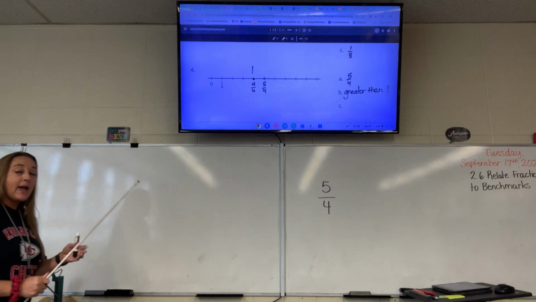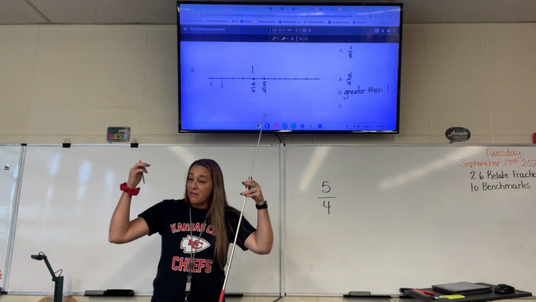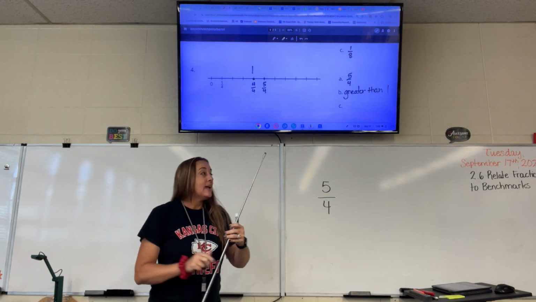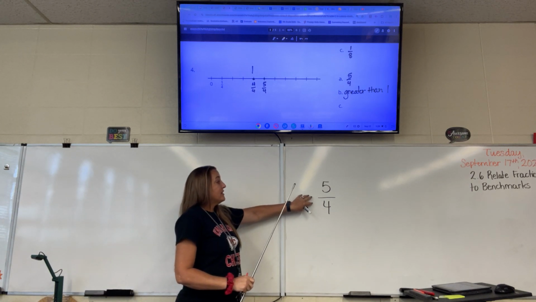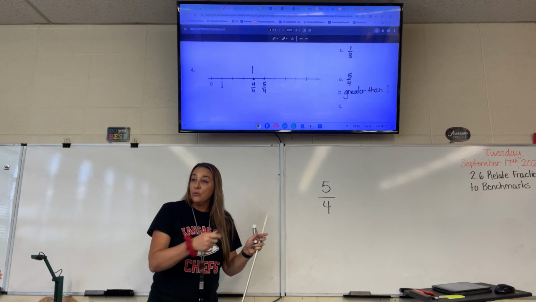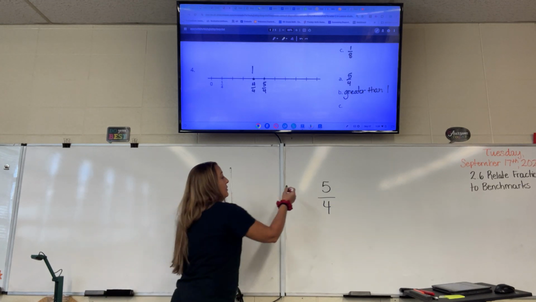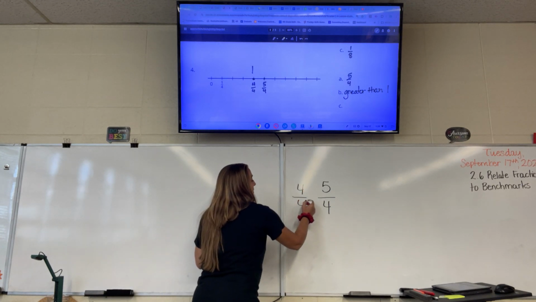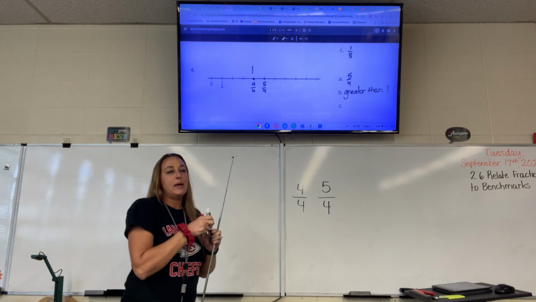Yeah, because fractions usually have a smaller number on top, don't they? When you see a fraction like this, it means it's bigger than a whole, right? Because 1 whole is 4/4. Good work, Colton. Colton gets a point, Emma.